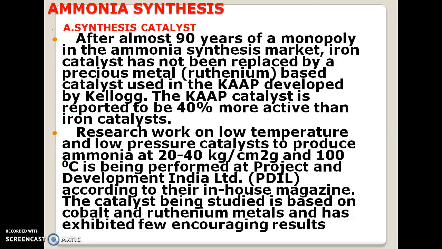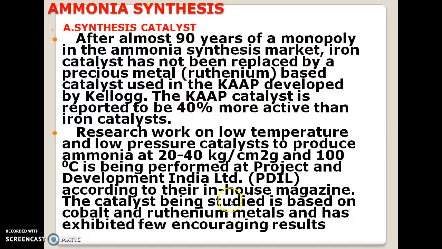So based on the different conditions, you use cryogenic separation to take out ammonia from a mixture. Now you can talk about the catalyst. As we discussed, the different processes are based on improvement in the catalyst. The iron catalyst was developed initially. Now people are working with ruthenium catalyst, which is 40% more active than iron catalyst.